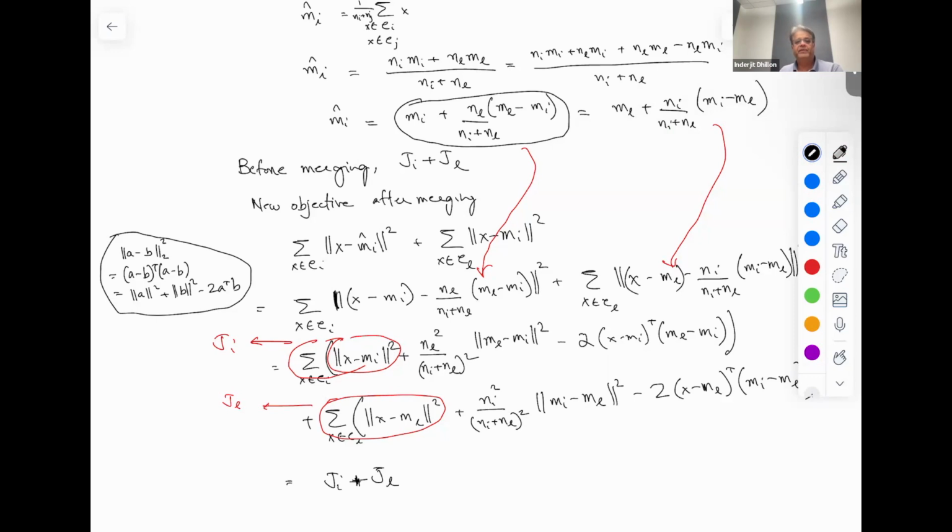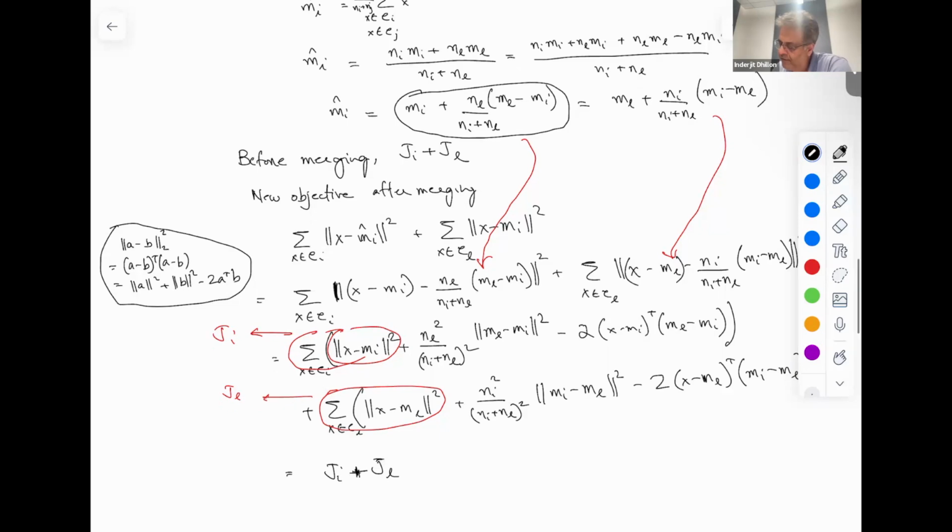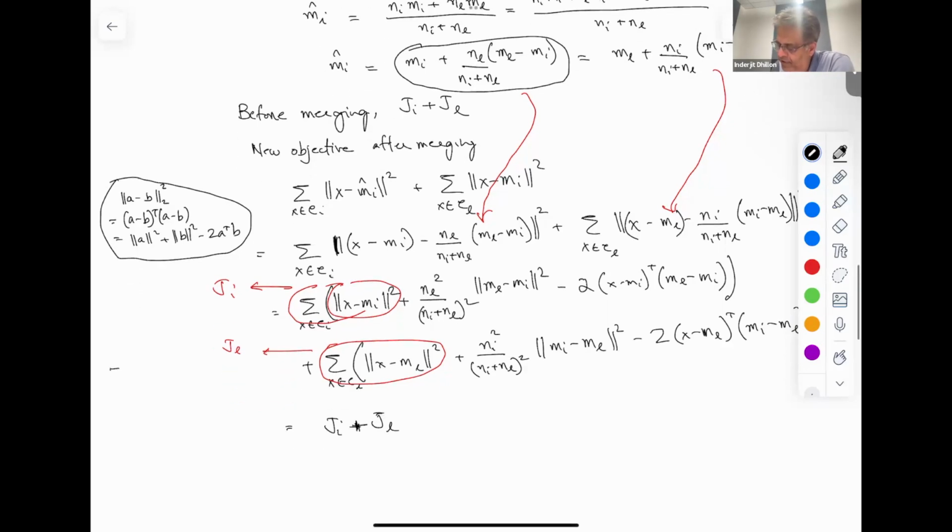What about the other terms? Well, the other terms are a little bit more complicated. But notice this term over here. This ML minus Mi is actually constant for the summation sign. And if you think about it, the summation of x minus Mi, x belongs to Ci, is actually equal to 0, because that's the very definition of Mi, that Mi is equal to 1 divided by Ni times the summation of x.